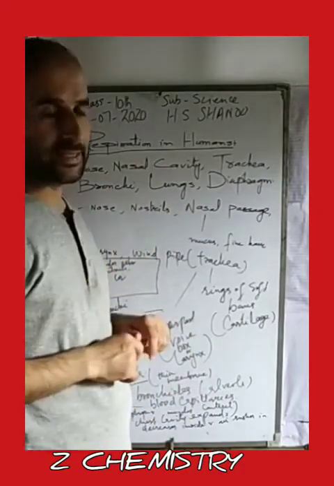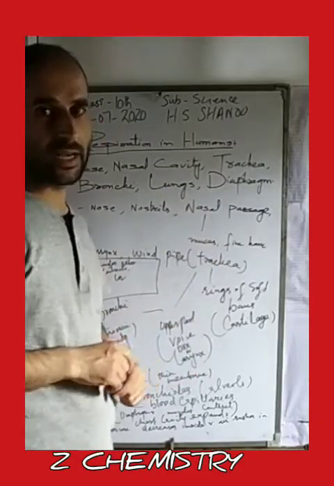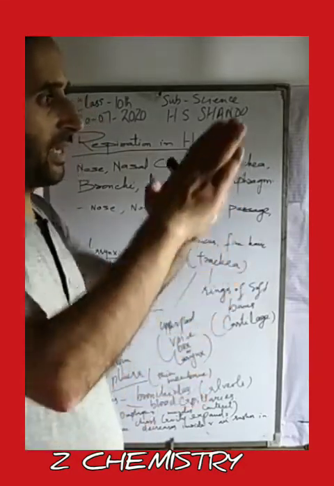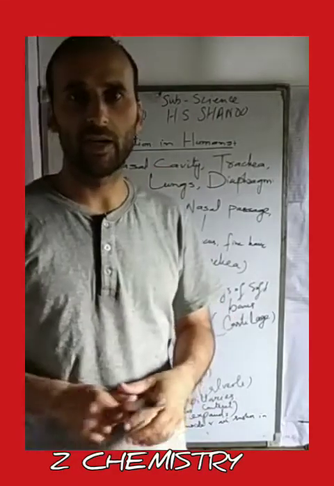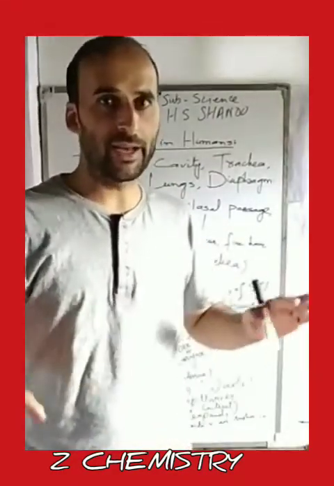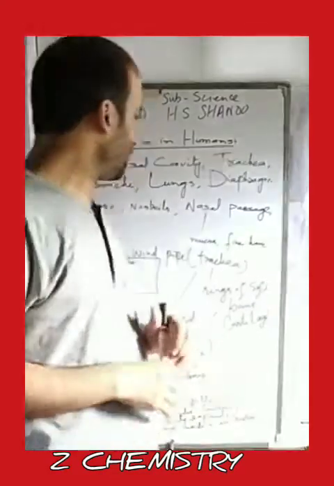Then there are the lungs, and their movement is controlled by a membrane that separates our thoracic cavity from the remaining body, called the diaphragm.